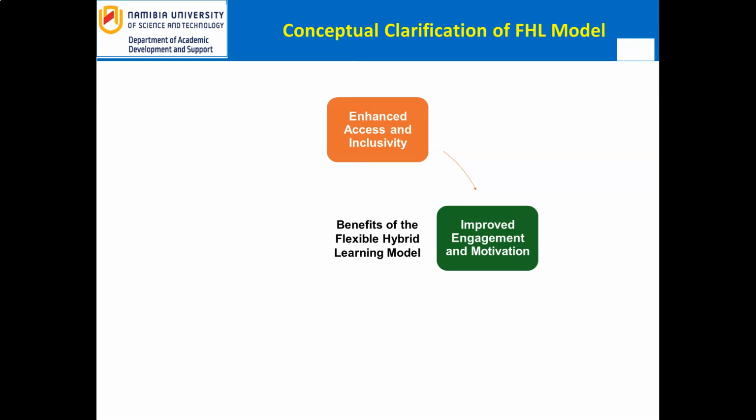Using this approach, students are more likely to stay invested in their learning when they have choices and can see the relevance of their activities, according to Garrison and Vaughan, 2008. 3. Scalability and efficiency, where the FHL model can be scaled to accommodate large numbers of students without compromising the quality of instruction. It also allows institutions to optimize resources by blending in-person and online components, according to Johnson et al., 2016.